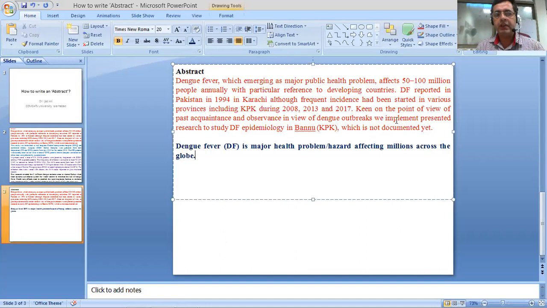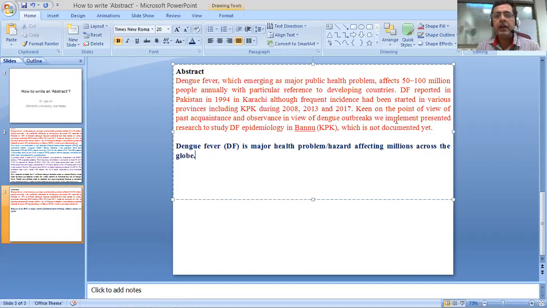You also gave details of these different outbreaks in your introduction, and you are also quoting the specific literature that was published about these different outbreaks in different years.